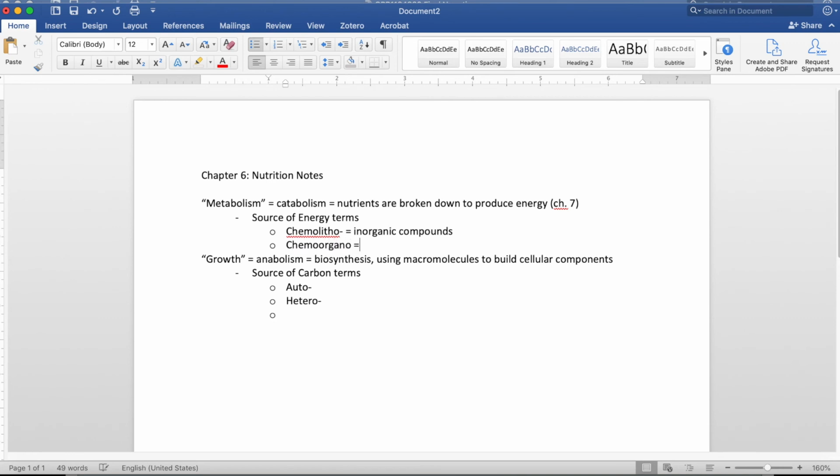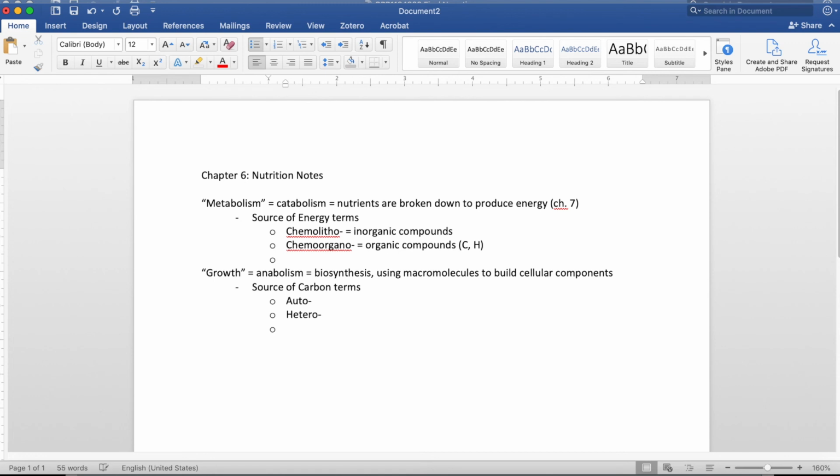Chemoorgano, which would mean, again, these are prefixes, the use of organic compounds. And an organic compound means that it has carbon and hydrogen and other things, usually carbon, hydrogen, and oxygen, but at least carbon and hydrogen. And photo means, of course, as you would imagine, they use photosynthesis.